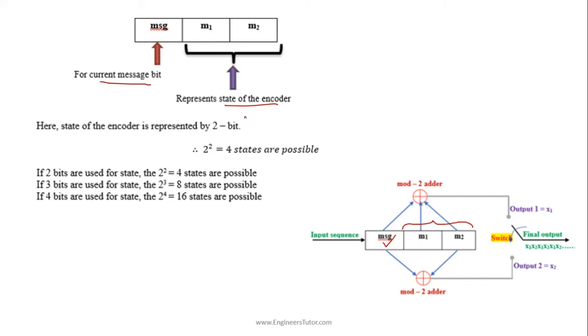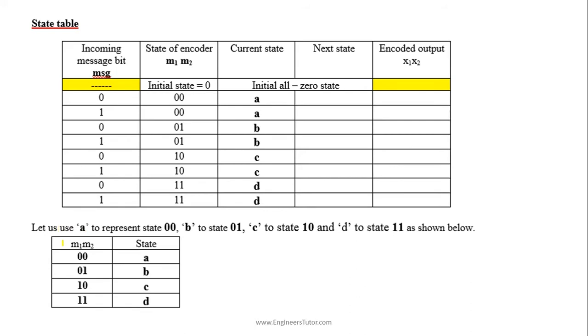Two bits are reserved for the state, so we can have 4 possible states: 00, 01, 10 and 11. If the constraint length were 4, we would have 16 possible states. So for the given convolutional encoder, we have 4 states: 00, 01, 10, 11.